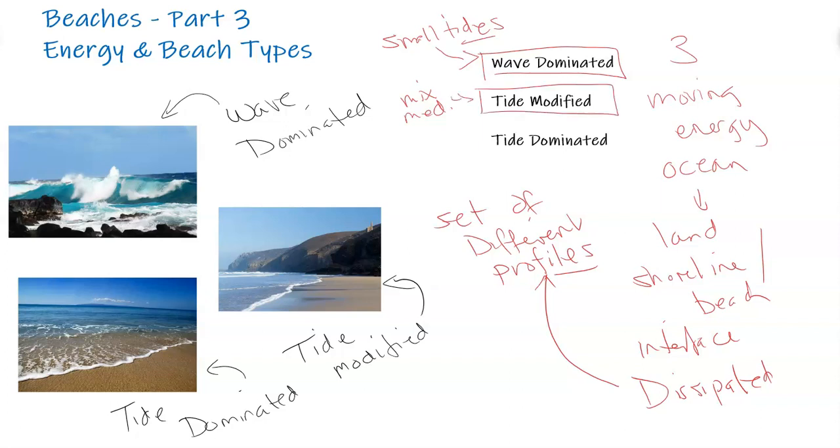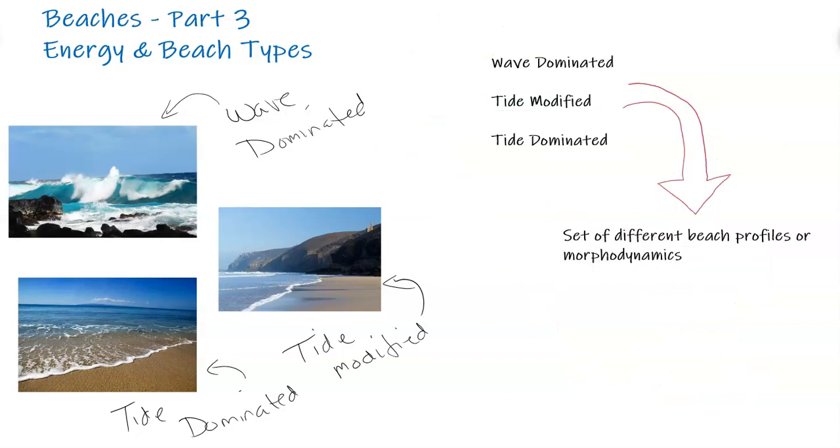And if there is just predominantly tidal range and tidal forces applied to the beach, with minimal wave action, minimal wave height, and minimal energy from waves, then it'll be tide dominated. So it's basically put a little arrow, a little connection between the 3 types of energy transference through the ocean, and it's going to create different profiles.